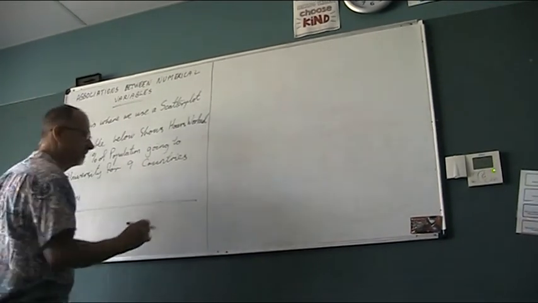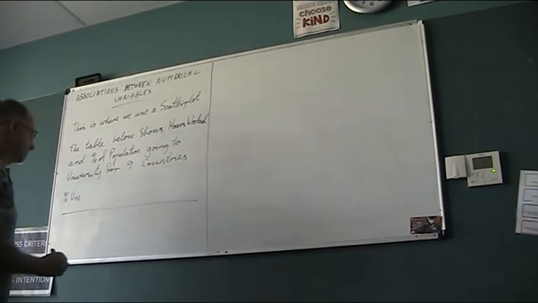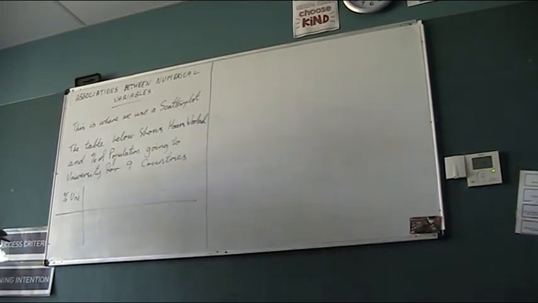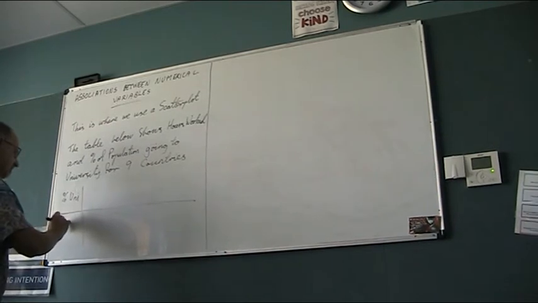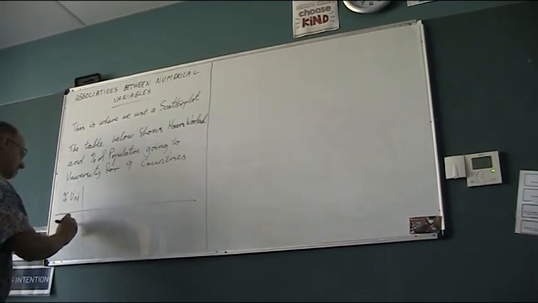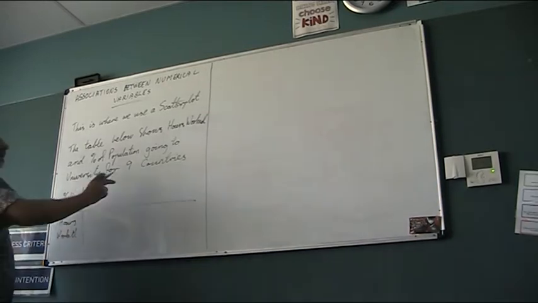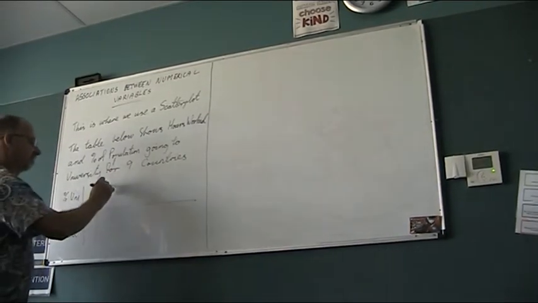So we would have 2 rows, could be 2 columns, in this case it's rows. The top row there is our percentage of the population going to university. And the second row is the hours worked. The 9 countries, where that comes in is that we have 9 pieces of data.